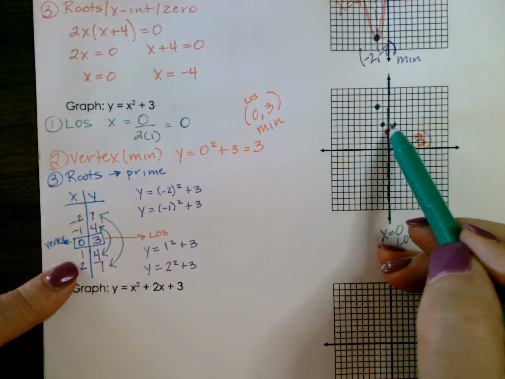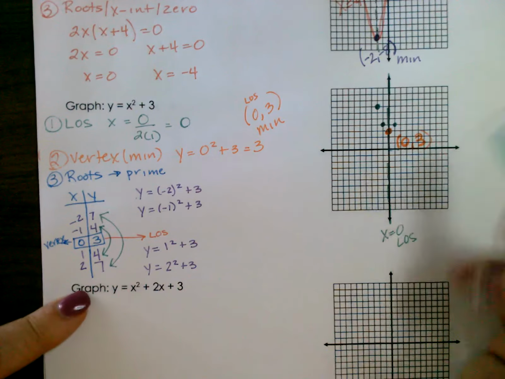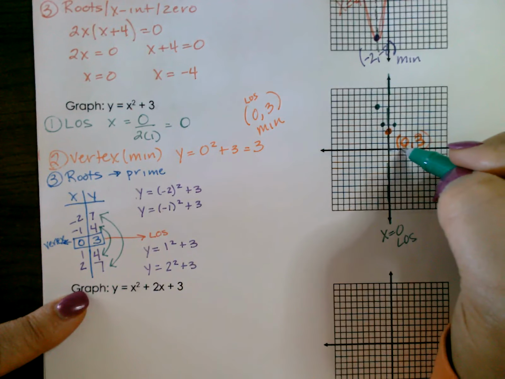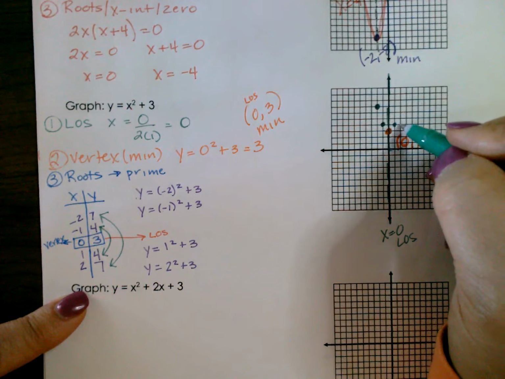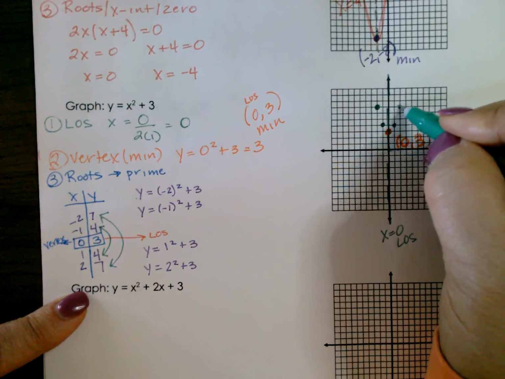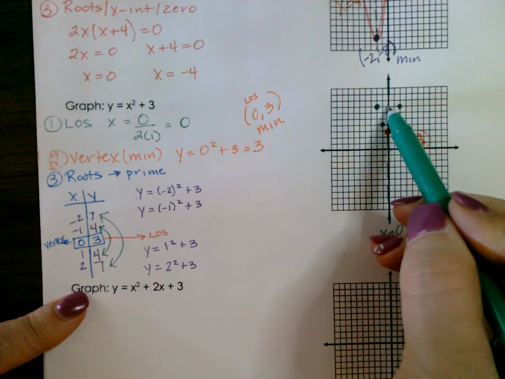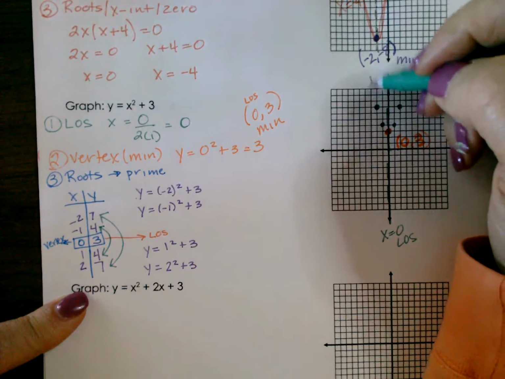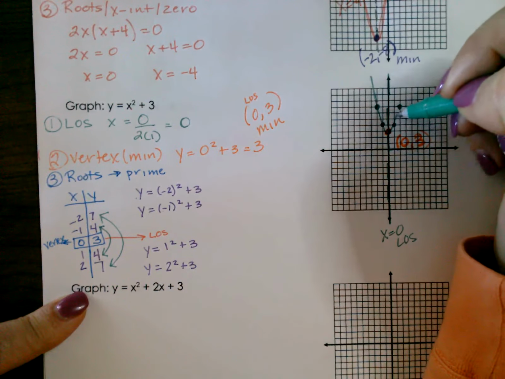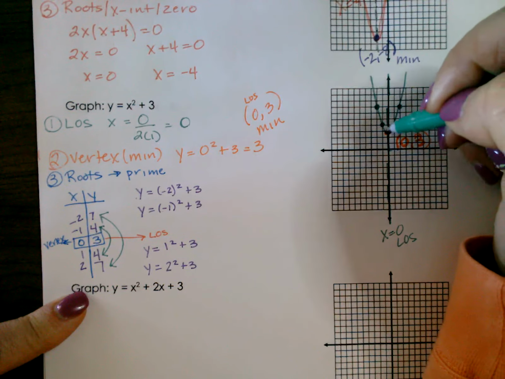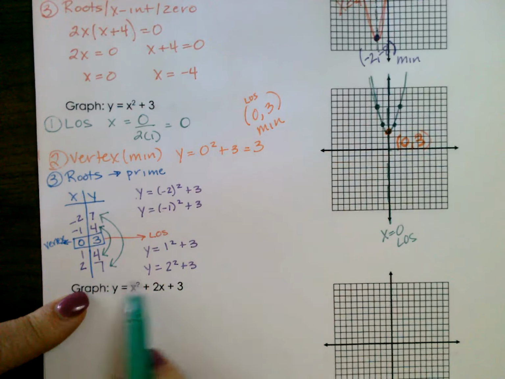It's 1 to the right, 1 to the left. So now we move to (2, 7). 1, 2, 3, 4, 5, 6, 7. Again, I could have predicted that. 2 to the left, 2 to the right. Now, in our old unit, we would call that prime because we couldn't solve.